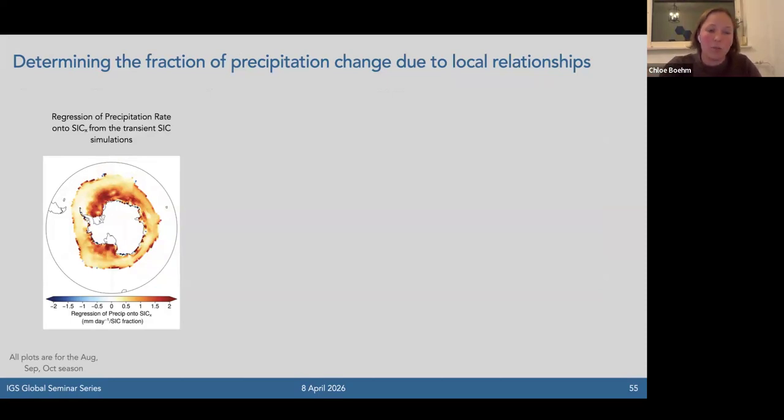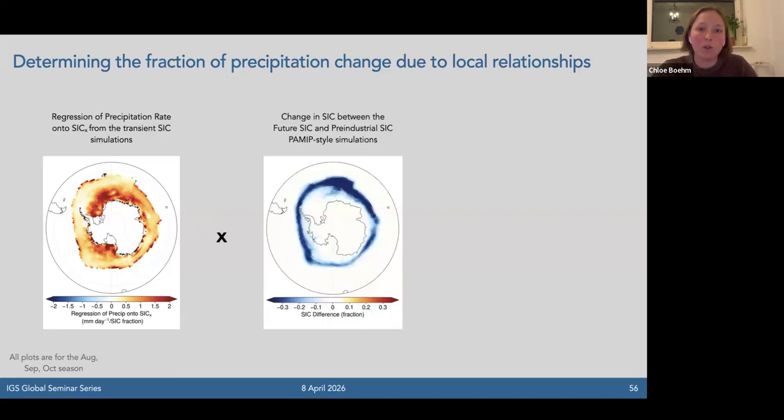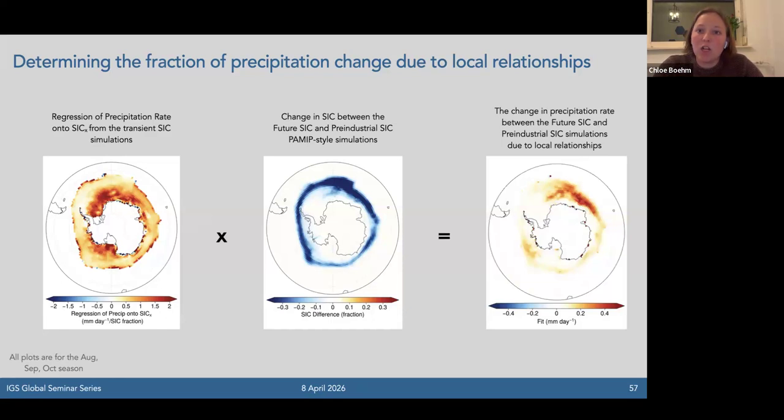Now, it looks a bit messier than before, and that's just because the units are a little bit different, but it's the same where we get this increase in precipitation given sea ice loss, and that's representative of how the local relationships are working. We can multiply that by the change in sea ice between the future and pre-industrial PMIP style simulations. And then what we get is the change in precipitation rate between these future and pre-industrial simulations that would be due to just the local relationships that we were isolating in those regressions.